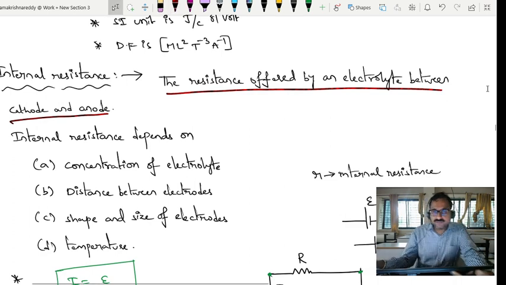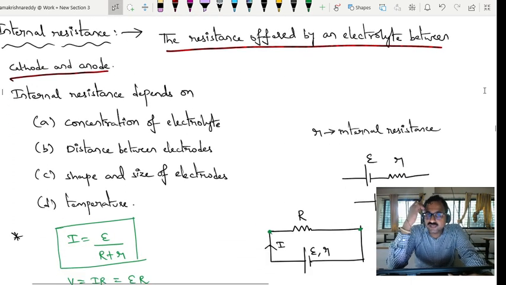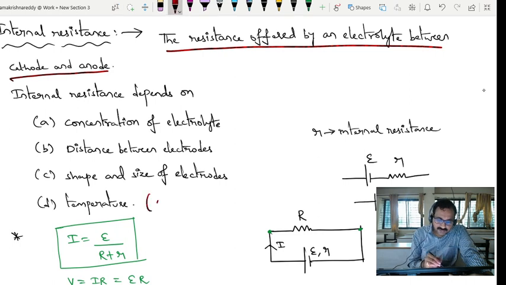So generally we are observing that it depends on concentration of the electrolyte, distance between the electrodes, the shape and size of the electrodes, as well as temperature. As temperature increases, internal resistance decreases.